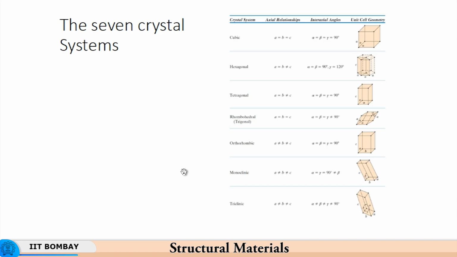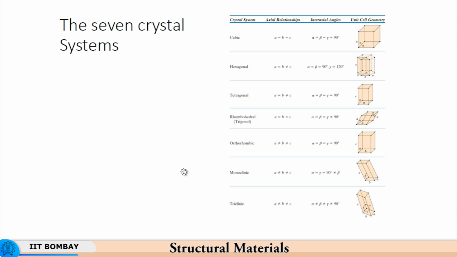So you have A and B, that is these sides being equal. All the sides of a hexagon are equal, but the height is not equal to the side of the hexagon.